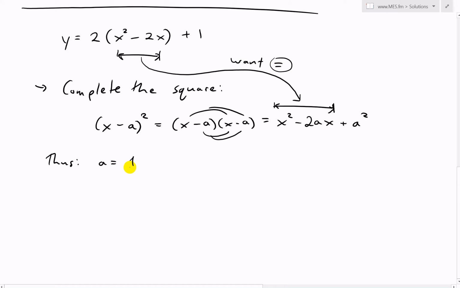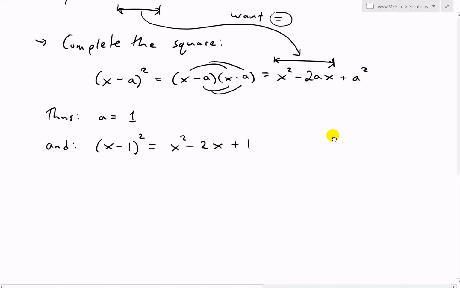So a equals 1, and what we have is x minus a, or x minus 1 squared, equals x squared minus 2x plus, now it's just 1 squared, just 1. And now, in other words, we can separate this by itself.